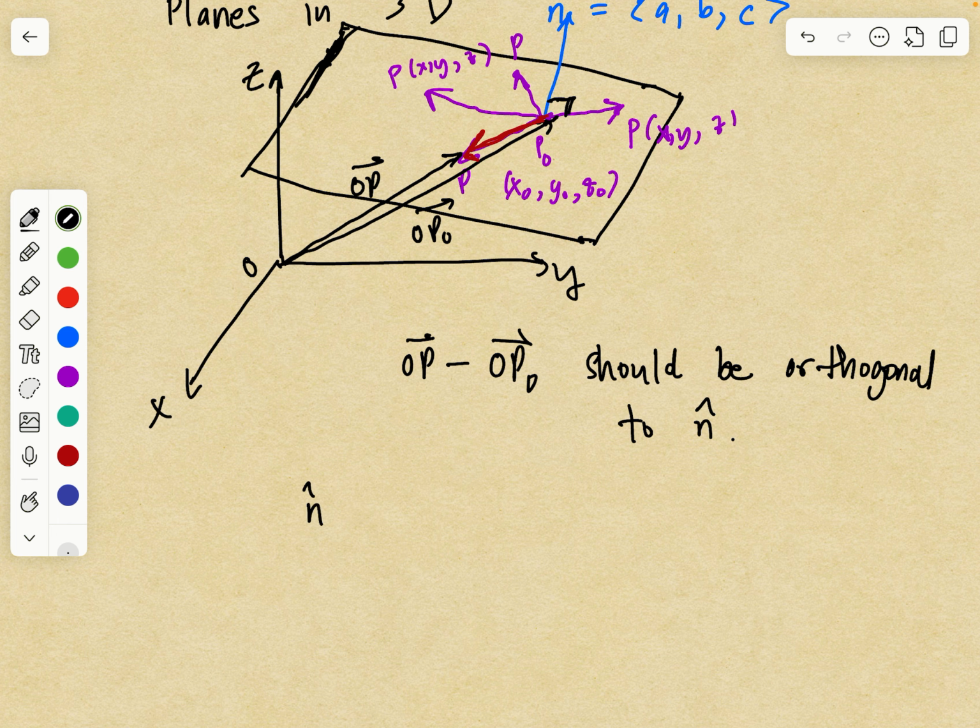So what does that mean in terms of the dot product? The dot product is 0, right? You're going to get n dot this vector OP minus OP0 is going to be 0.